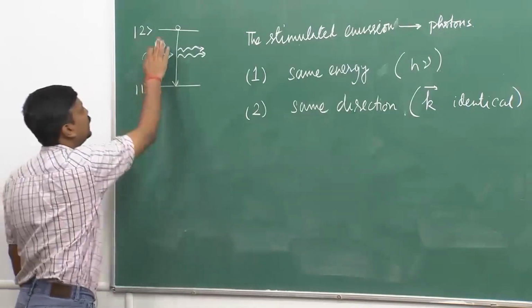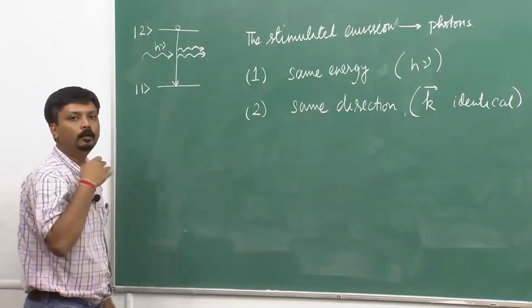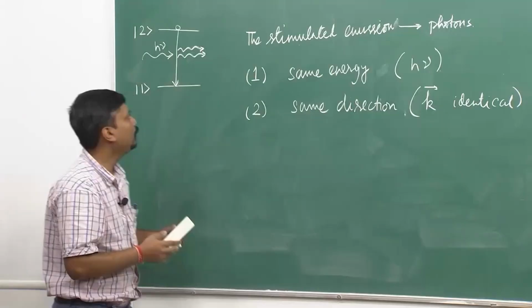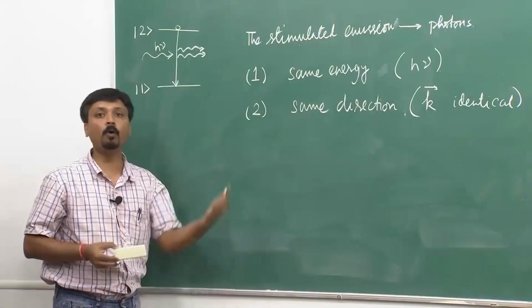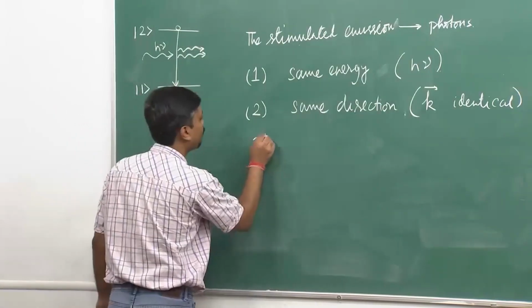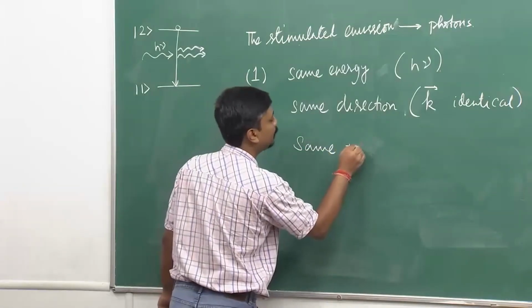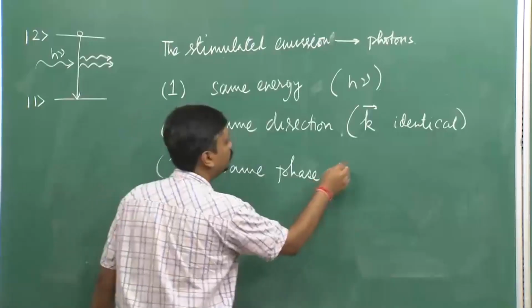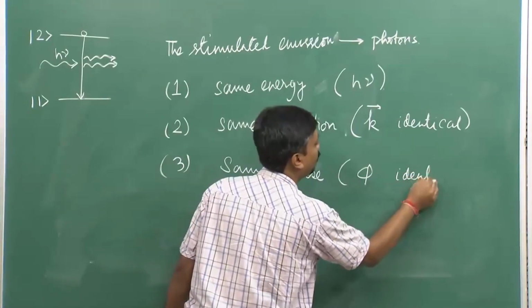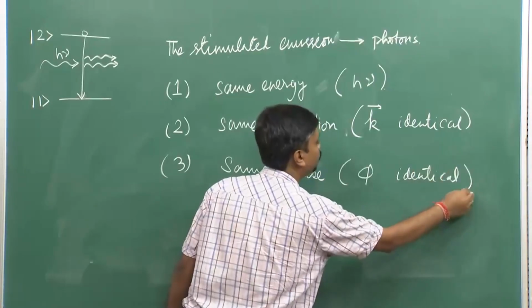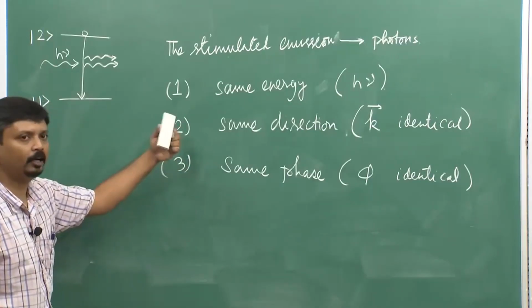Suppose there are many atoms excited here and I am coming with n number of incoming photons and there are 2n number of outgoing photons, then those 2n photons will be coherent. So, third is the same phase. So, phi is identical.